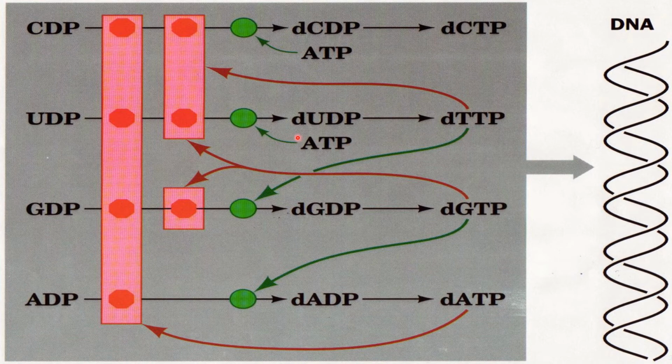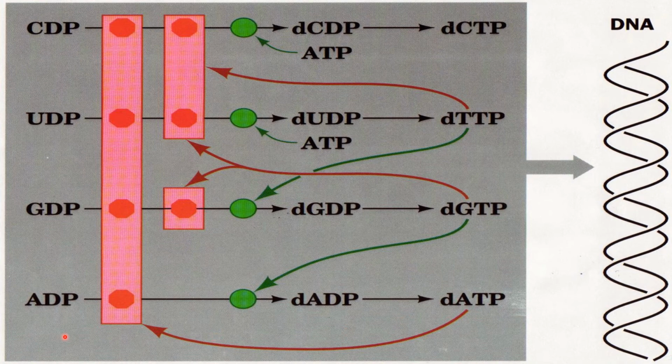The deoxy TTP, which is formed from deoxy UDP to deoxy TDP and then into the TTP, has a positive effect on the synthesis of purine, GDP to deoxy GDP. But deoxy ATP inhibits the synthesis of GDP to deoxy GDP and of UDP to deoxy UDP.